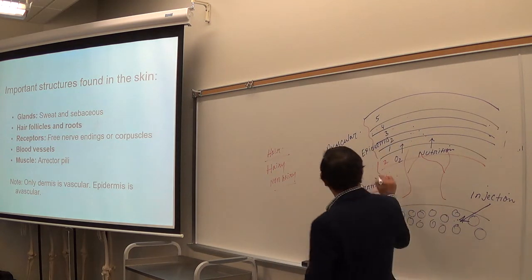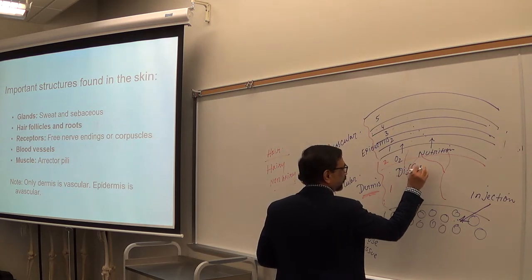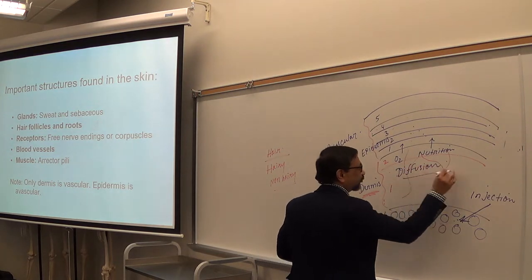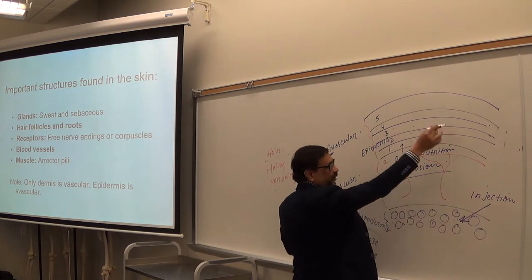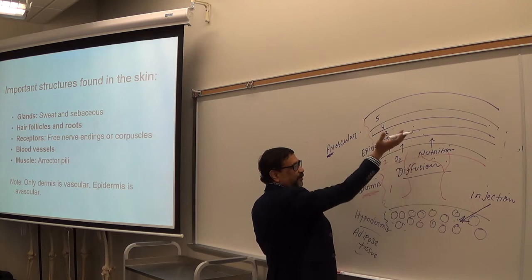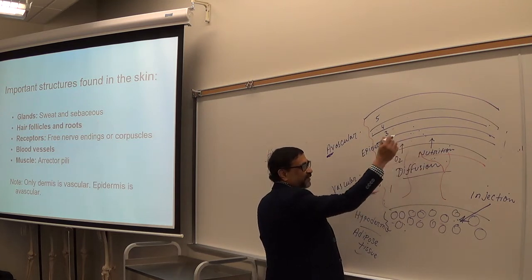By what? Diffusion. So these layers get oxygen and nutrition from the underlying dermis, where you have the blood vessels.